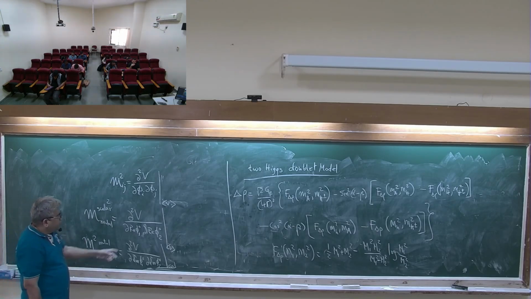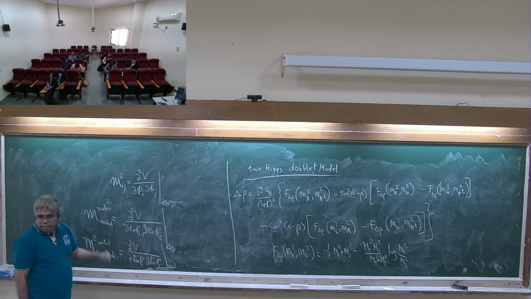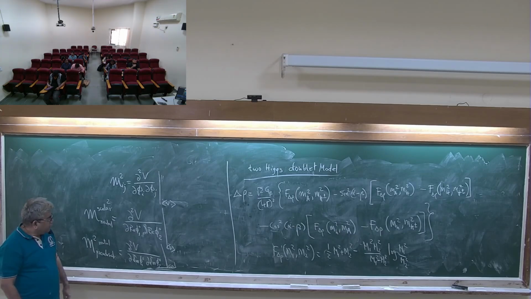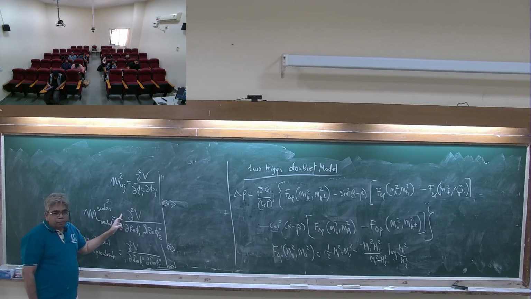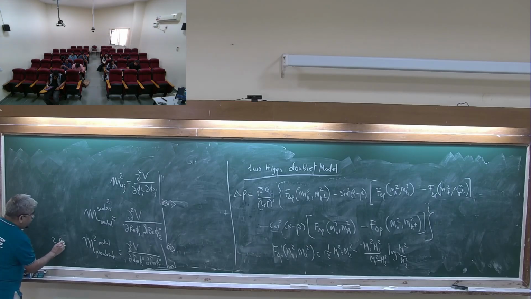Similarly you put the charged phi plus phi minus, you get the third matrix. It turns out only this one is a 2 by 2 matrix. All the others, this contains 2 Goldstone modes. The charged Higgs contains 1 Goldstone mode. Okay, so this contains 2 Goldstone modes.